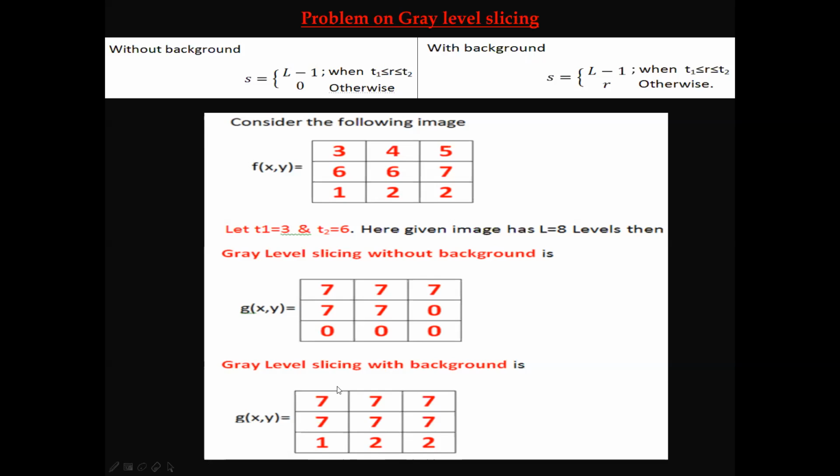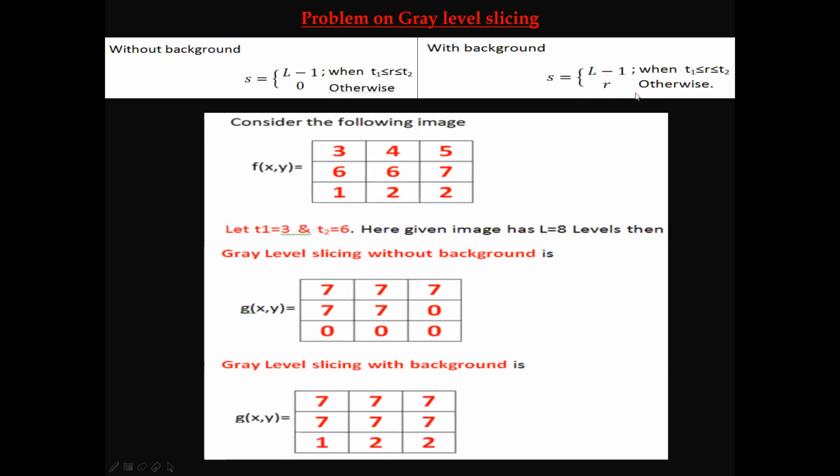Now let us see how we are getting this 1 in the last row. T1 is given as 3, T2 is given as 6. According to the formula, when r is in between T1 and T2, its value is L minus 1, otherwise the r value only. The first intensity level 1 is not in between T1 and T2, therefore its value is r only, that's why 1. 2 is also not in between 3 and 6, so it is r only.